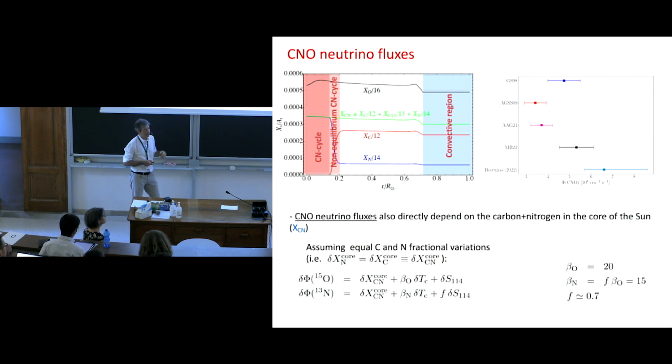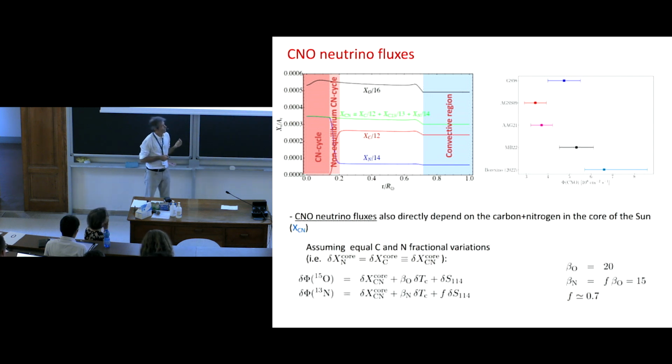This is due to the fact that the CNO cycle uses carbon and nitrogen, which are present in the core of the sun, as catalysts to produce hydrogen fusion. So the overall efficiency of the CNO cycle depends on the number density of carbon plus nitrogen elements in the core of the sun.